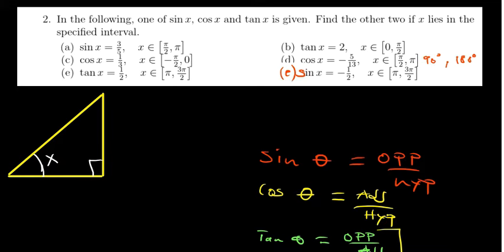So the adjacent can be negative 5, and then the hypotenuse can be 13, since cosine is adjacent over the hypotenuse. By the way, we can ignore the negative in terms of our calculations. It will still be dealt with.